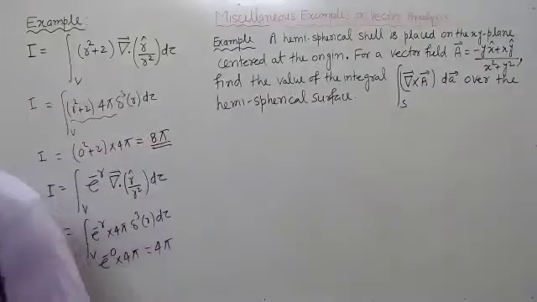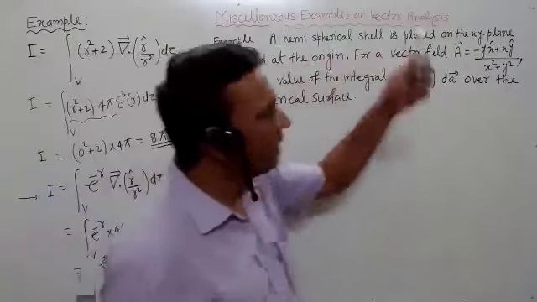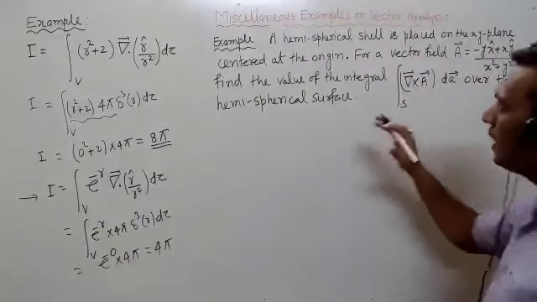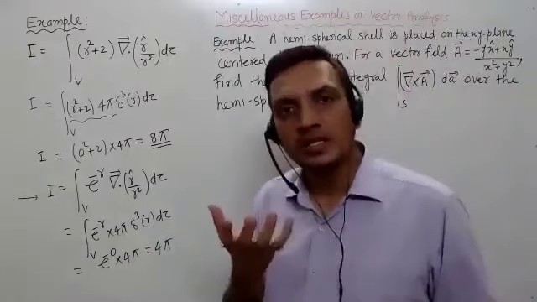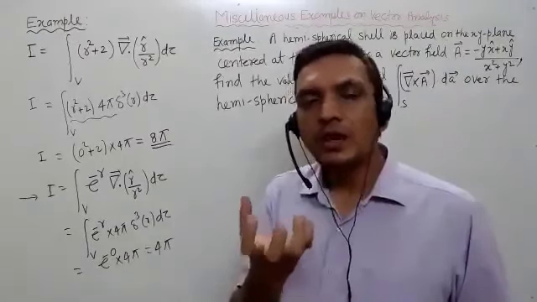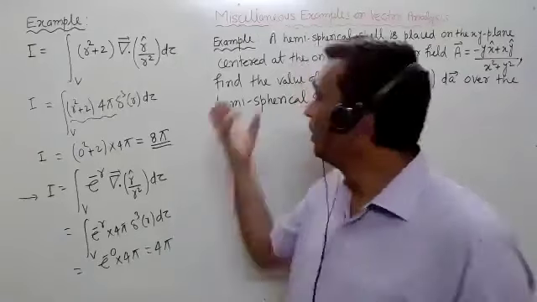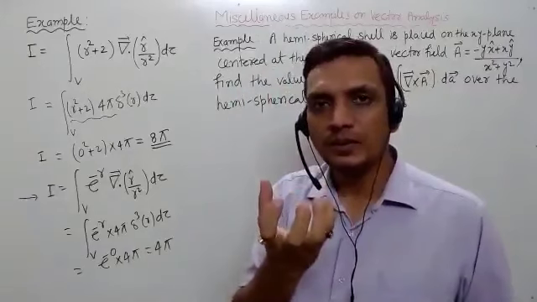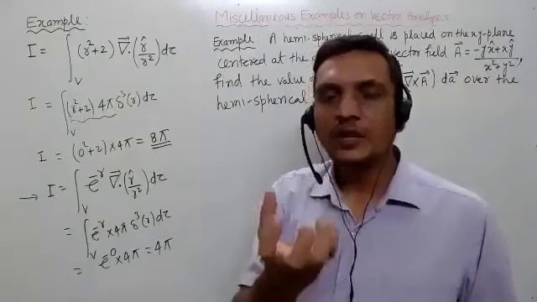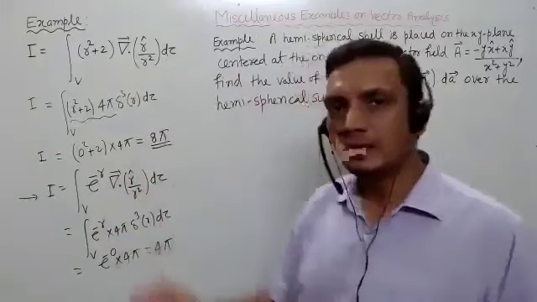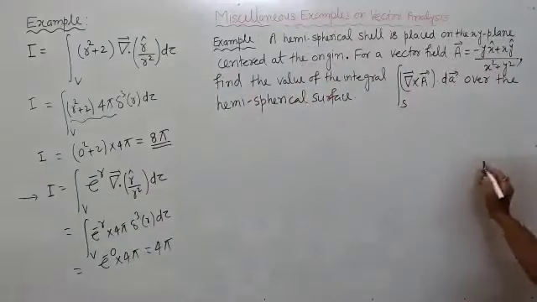So hemispherical surface is an open surface. It's a shell. Shell is an open surface. It's not a hemisphere. It's a hemispherical shell. Hemisphere is a half part of solid sphere. But if you have a shell, that is hollow. It's a hollow sphere. So if you take half part, you will get hemispherical shell. So let us draw the hemispherical shell.